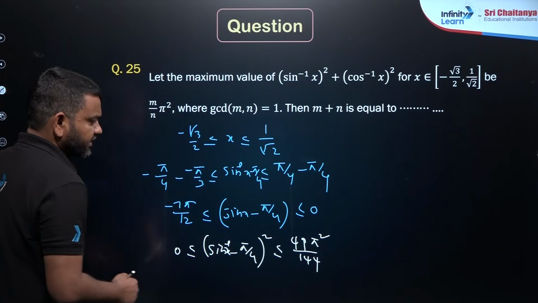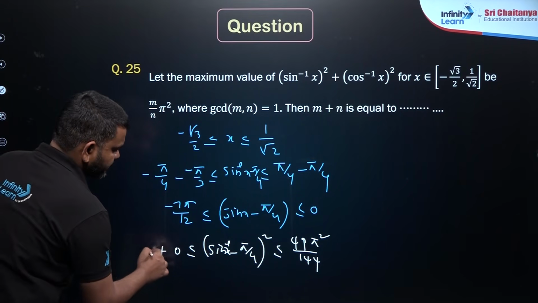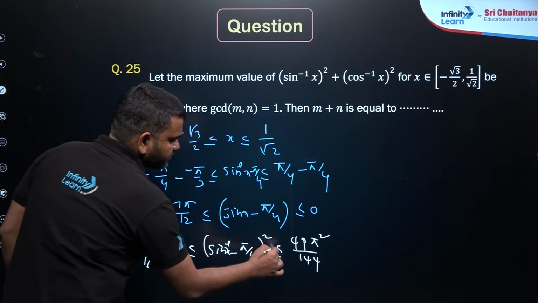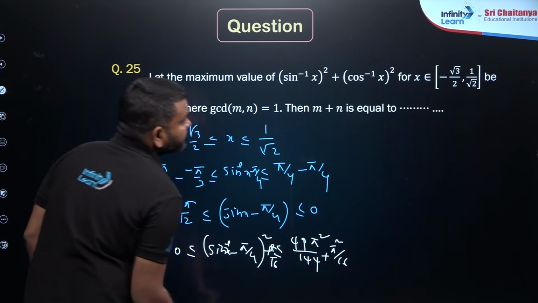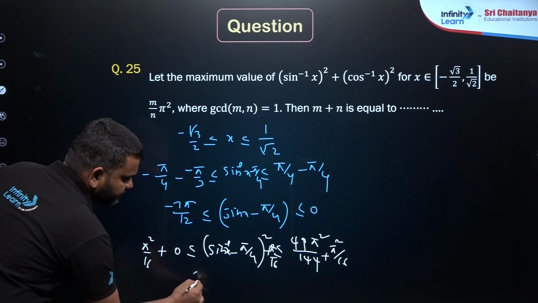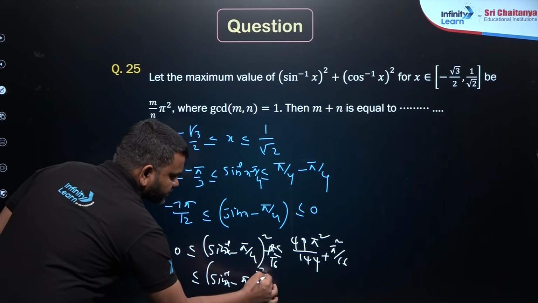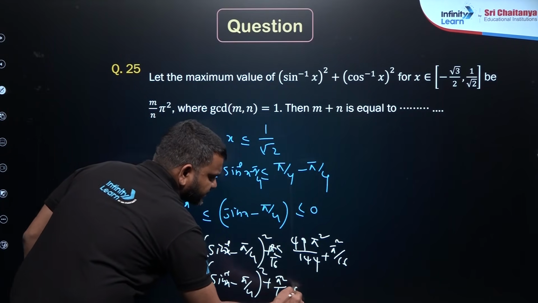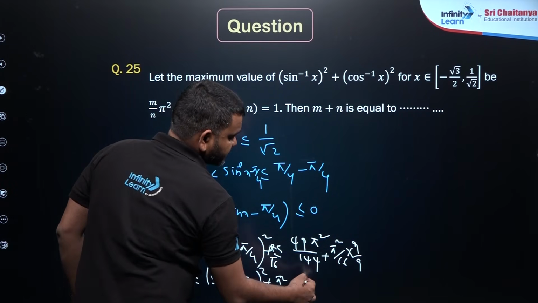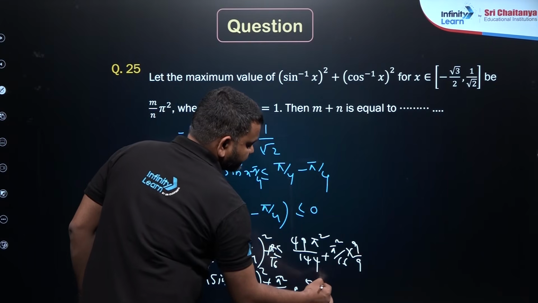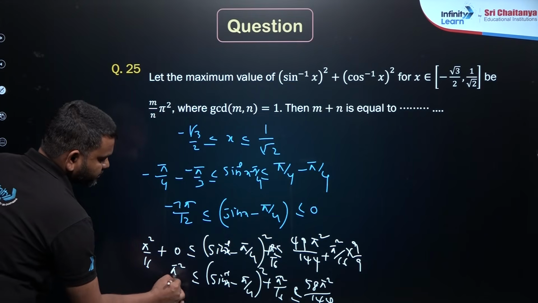So if we are going to add pi square by 16 to this, I am going to add pi square by 16 on all sides. This is the equation we are going to get, and there it is going to be sin inverse x minus pi by 4 whole square plus pi square by 16 is less than or equal to, here this needs to be multiplied with 9 and 9 plus that is going to be 58 pi square divided by 144 and is less than or equal to pi square by 16.